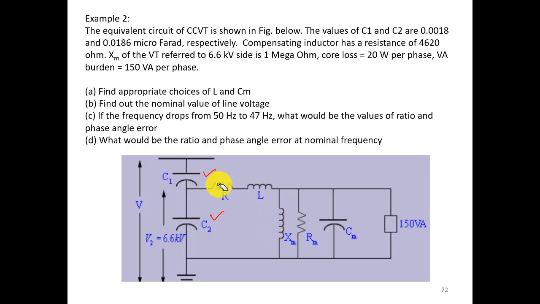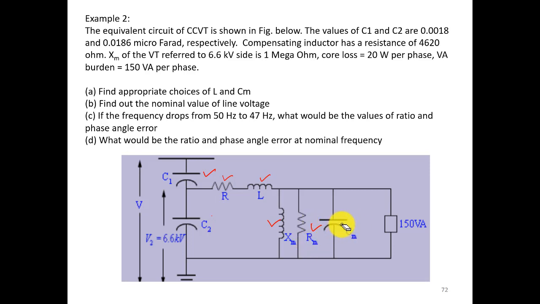Unlike in example 1, where we considered an ideal transformer in that CCVT, here we are considering a practical transformer, considering R and L, that is resistance of the winding, and L is the leakage inductance of the winding, and Xm is considered here. Xm is your magnetizing reactance, and Rm is your core loss resistance, that represents the core loss.